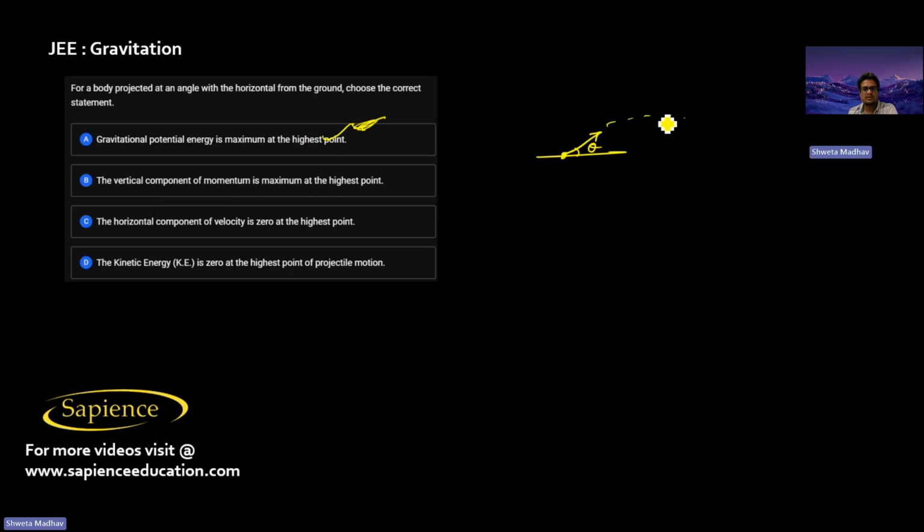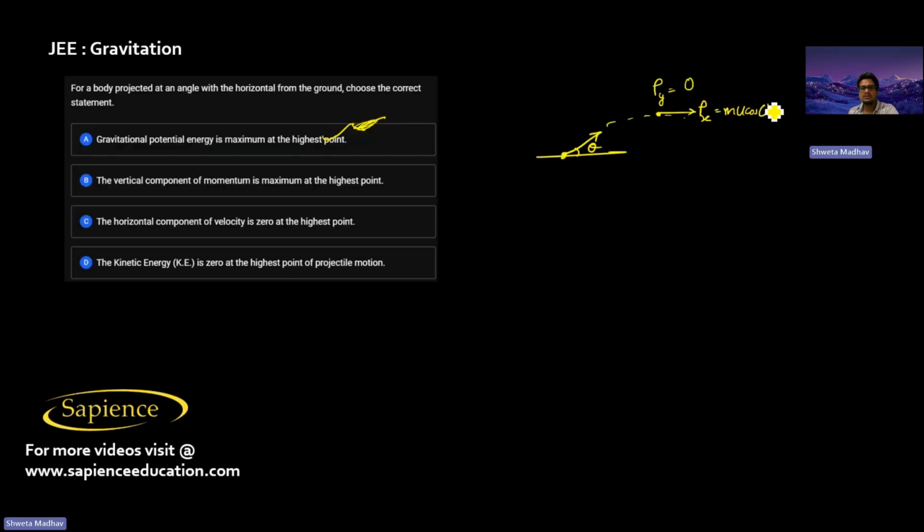But at the highest point, the vertical component of the momentum will be zero, meaning only px will be there, which is m into u cos theta. The horizontal component of the velocity is zero at the highest point, which is also false.